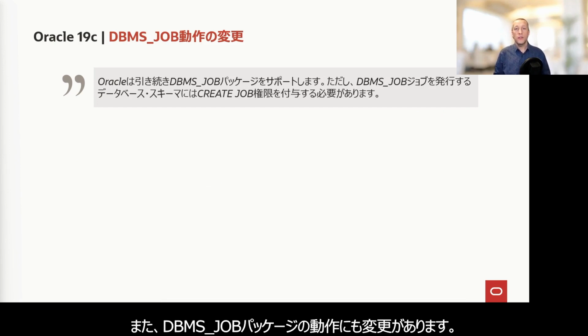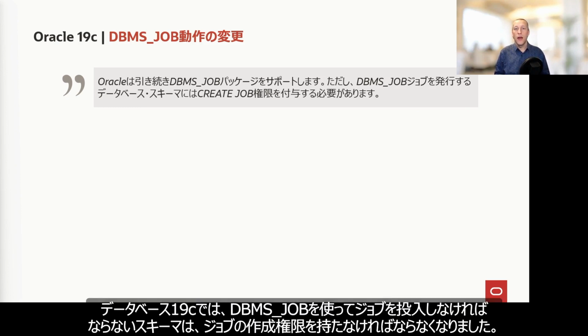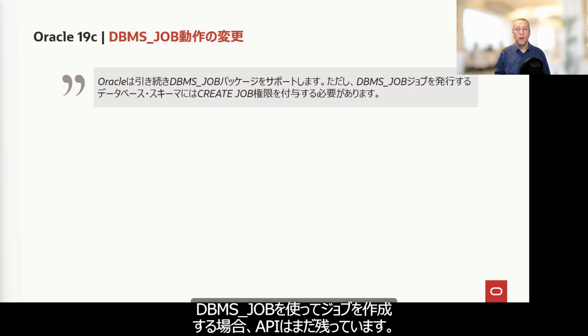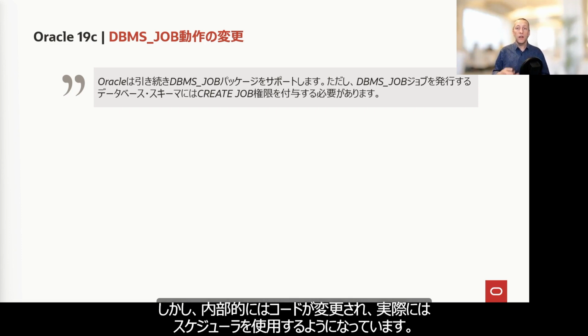In addition, there is a change of behavior with the DBMS_JOB package. In Database 19c, the schema that has to submit jobs using DBMS_JOB must now have the CREATE JOB privilege. When you create jobs with DBMS_JOB, the API still remains, but underneath the hood, the code has been changed, so it's actually now using the scheduler.